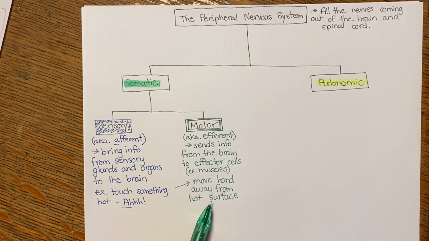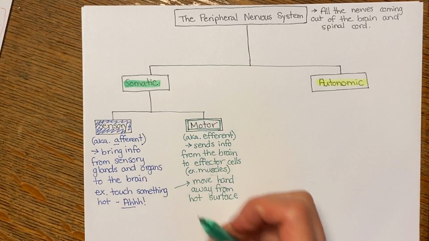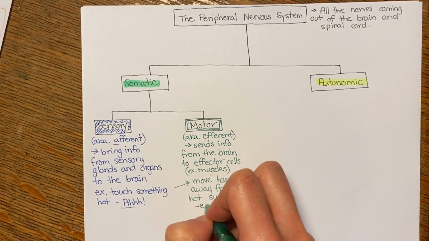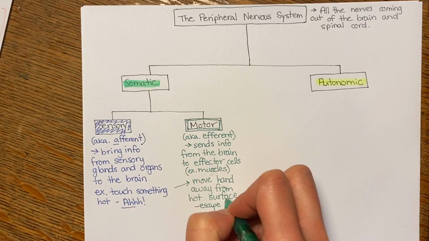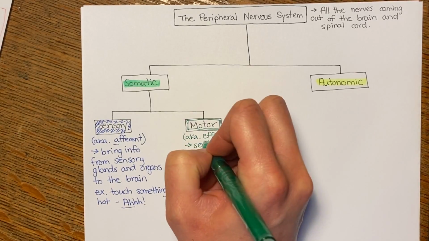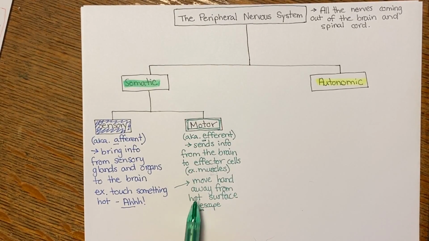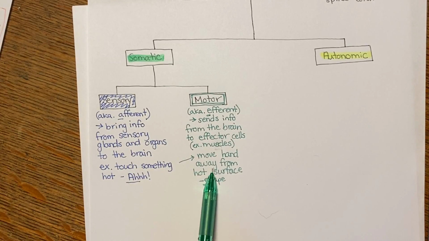A little memory trick that you can think of for this one is to escape the heat. So E and E.